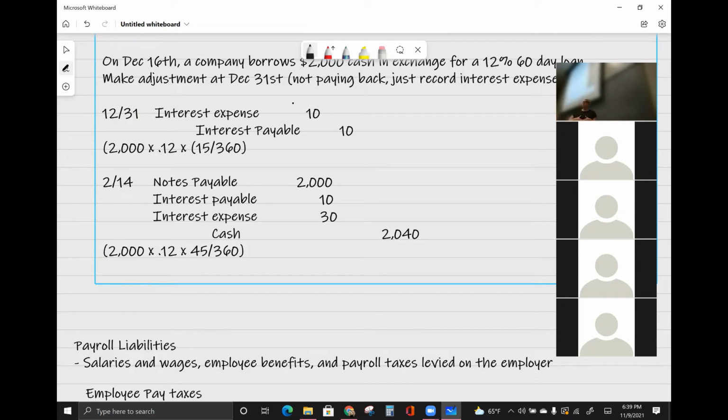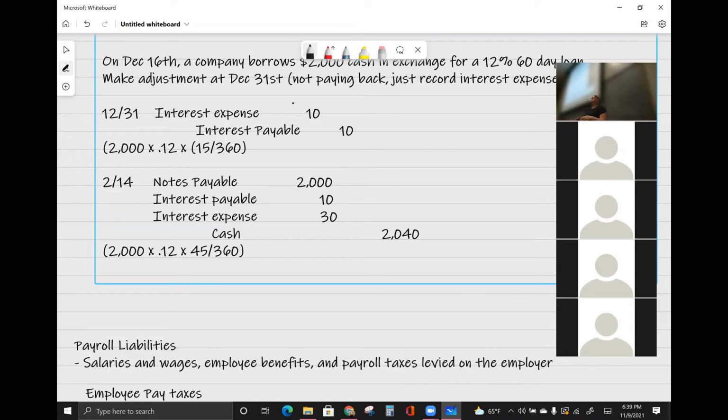We're going to do a calculation again for the 45 days. So we do the 2,000 times the rate, divided by the 360 days, and then multiply it by 45 days to calculate what is the expense for this period. So this period's expense is only $30.